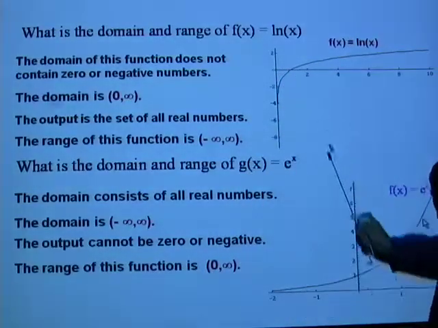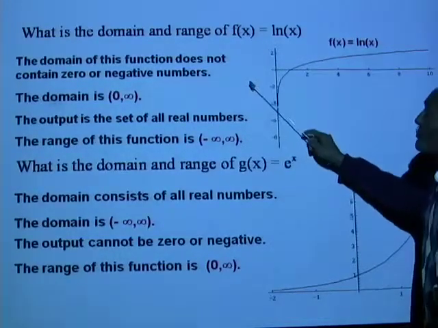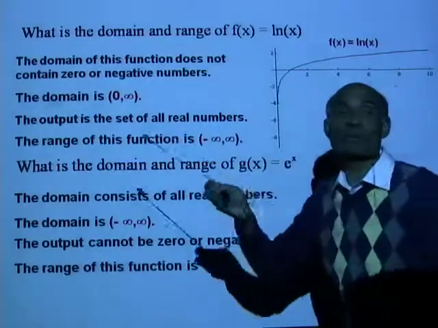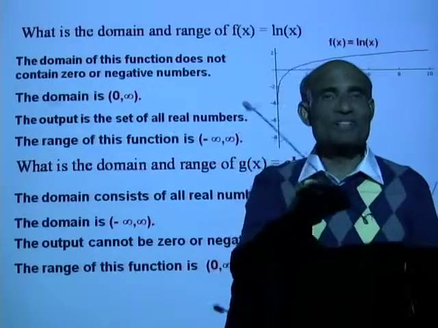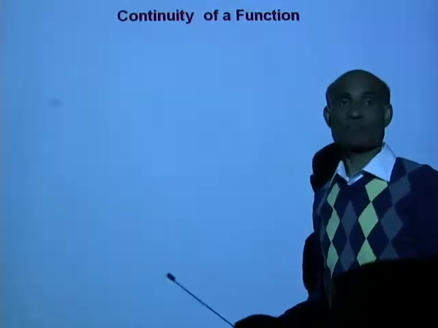And also, if you take this graph and keep it in here, you will see the graph of one is the reflection of the graph of the other along the line y equal to x. All these things are discussed in your college algebra and pre-calculus class.